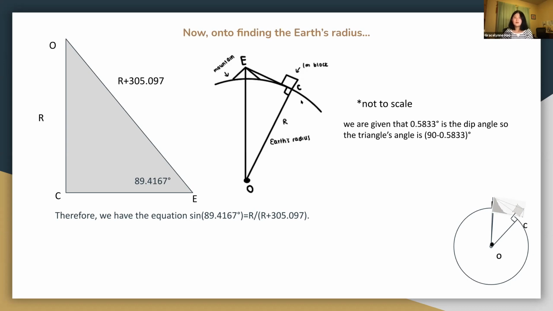And to make our calculations easier, this triangle here, which we can see, is kind of formed by the line from earlier, so EC, as well as the Earth's radius. So this is the center of the Earth, and we pull out this triangle to kind of get this, which is really what we're working with.